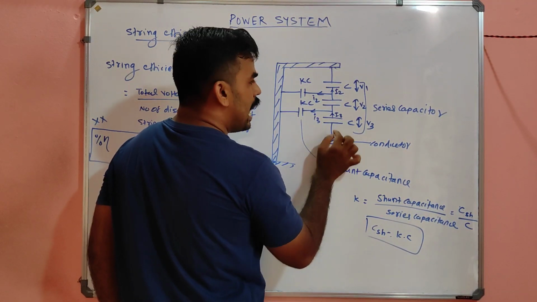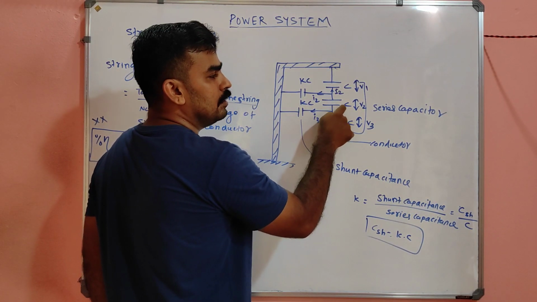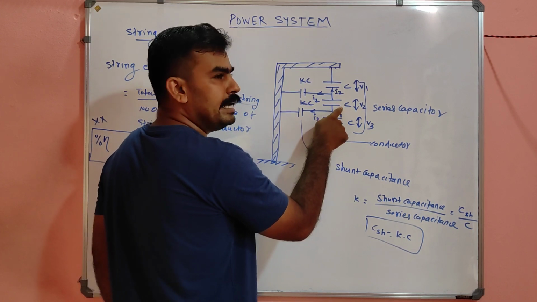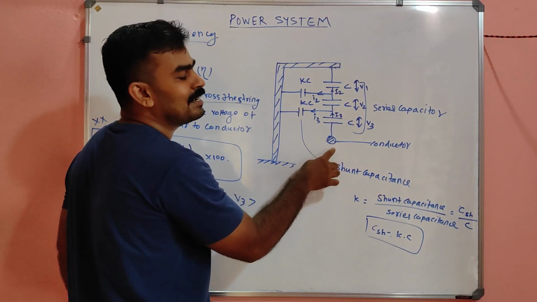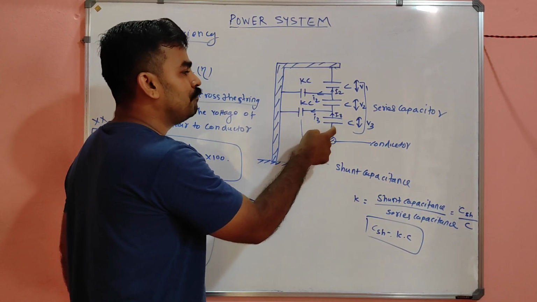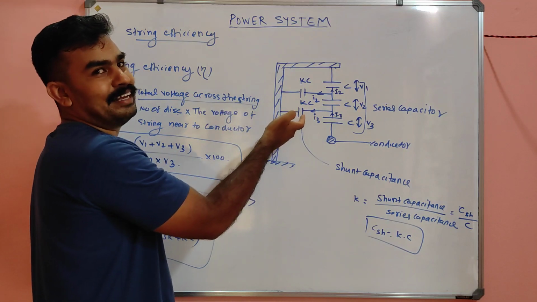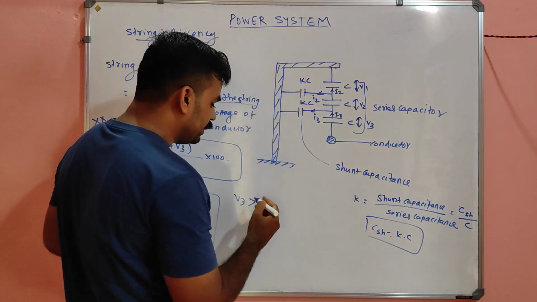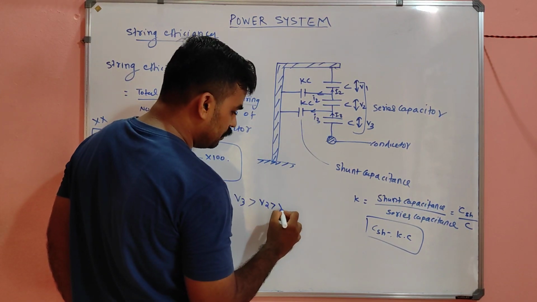because this is directly connected to the line. And see the next disc, V2. This voltage will be less than that voltage, of course, because this is not directly connected to the conductor. It is an after effect; the current flows here first, then it flows there. So this V2 is less than V3, and finally V1 also.